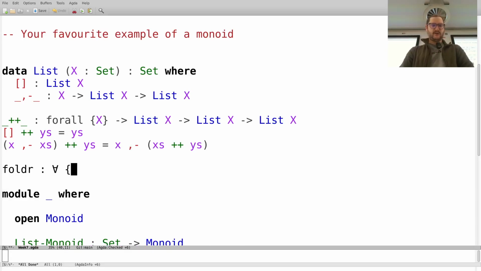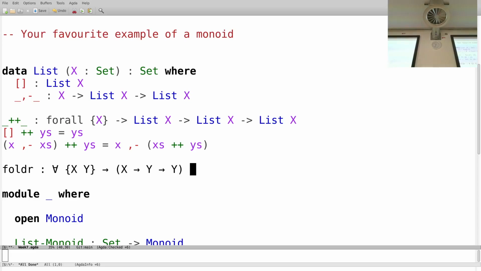The dreaded foldr, which was telling you that if you know how to merge an X and a Y to obtain a new Y, and could you indulge me by writing the arguments of foldr in the wrong order? Which wrong order? I want this function here, and then I want the list of X's next. Oh, I see.